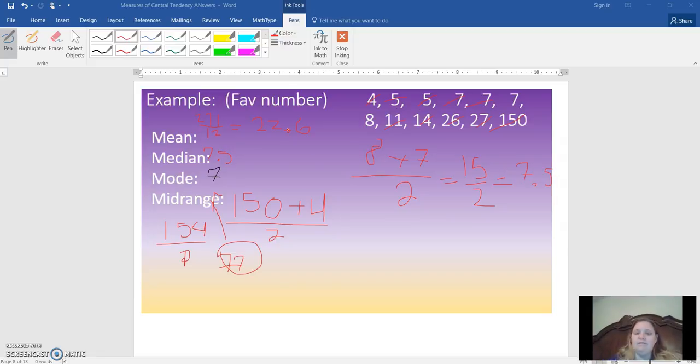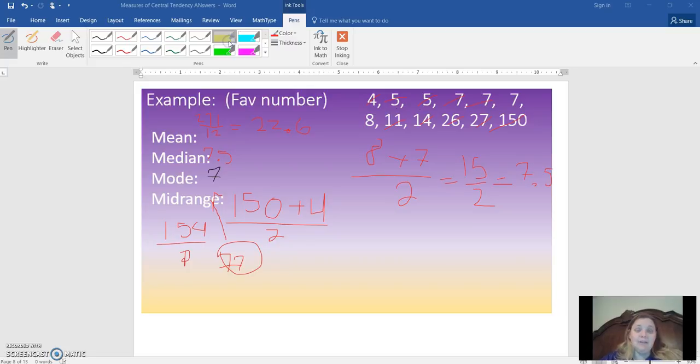If I took that 150 out, I would get 121, and if I divided that by 11, I'd get an average of 11, which is a little better. But half of our numbers are less than 10, so that mean is really skewed by that 150. Our mode is 7, and our mid-range is 77.